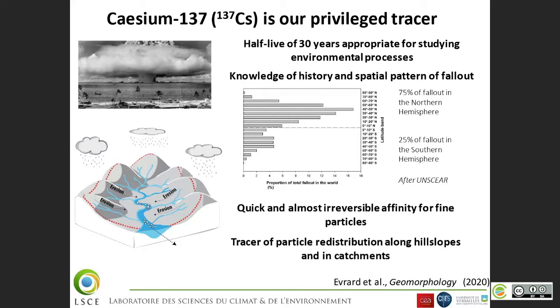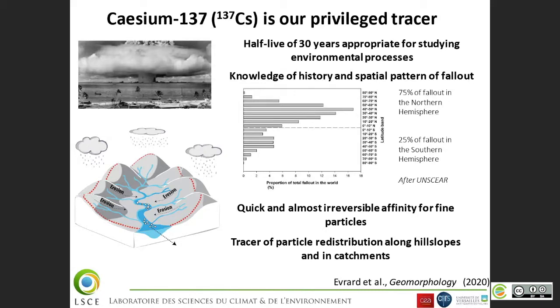On this graph, you see an idea of the proportion of the cesium fallout around the world for the different latitude bands, in the northern hemisphere and then in the southern hemisphere. And actually, we find 75% more or less of the fallout in the northern hemisphere, and only a quarter of what has been emitted in the southern hemisphere.